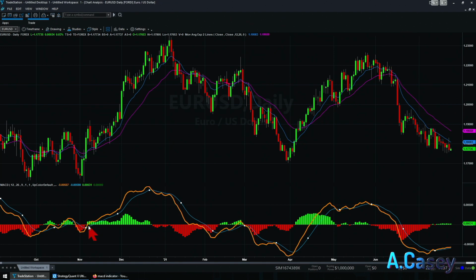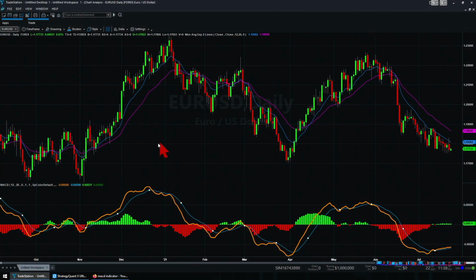So, of course, when it is above, it goes green, and when it's below, it goes red. When the difference is big, then we get bigger histogram, and also here the difference is big, we get bigger histogram. And when they get closer, then we see small histogram.